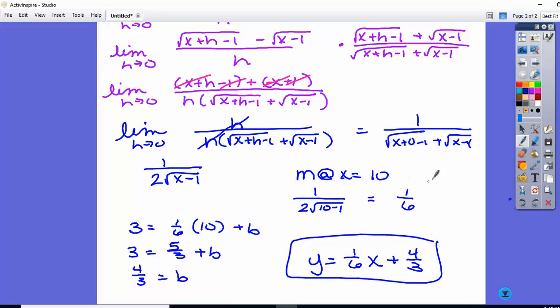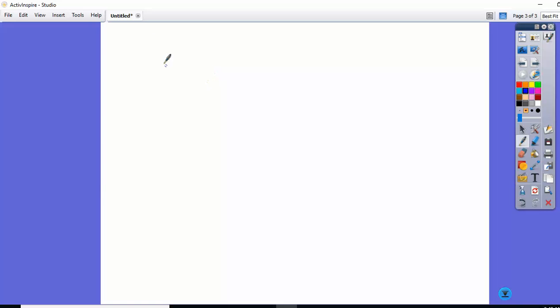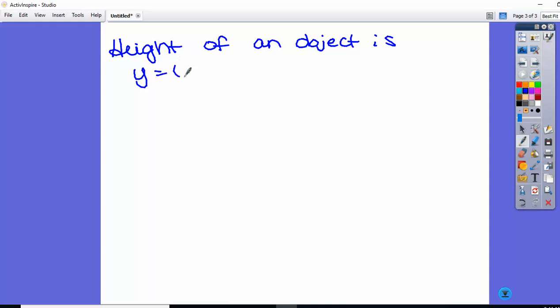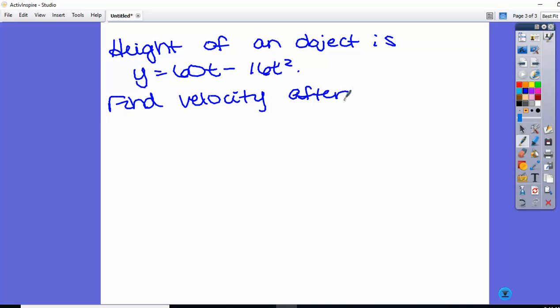Let's see if we can do 1 or 2 more quick ones before the end of class. Let's say the height of an object is given by the equation y equals 60t minus 16t squared. Find the velocity after 3 seconds.